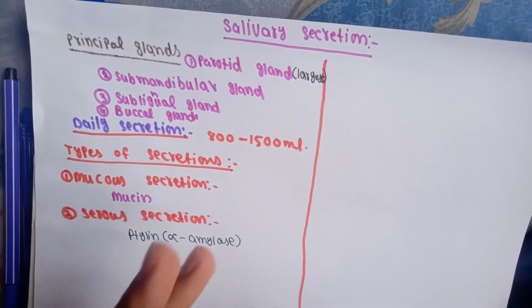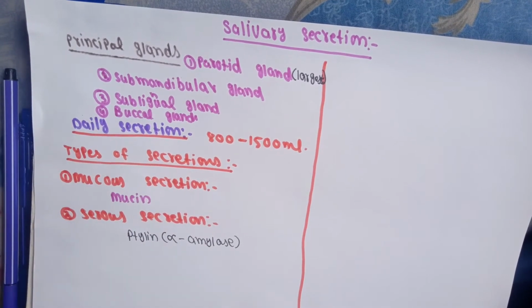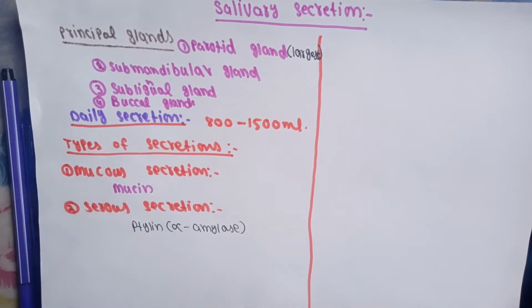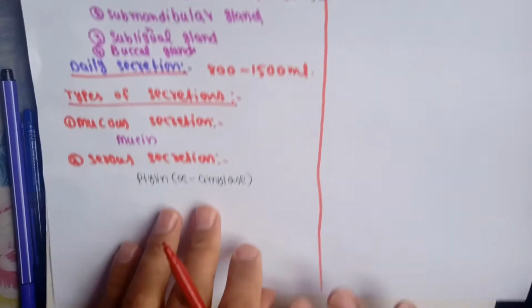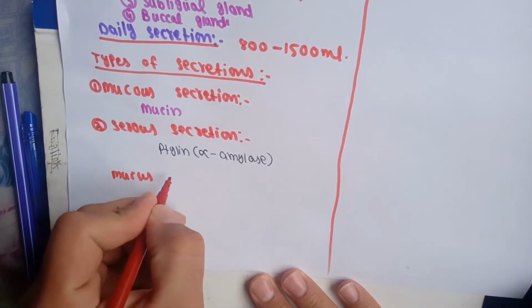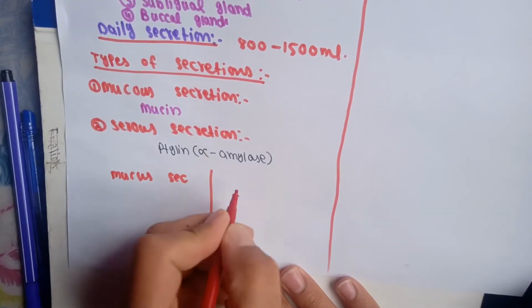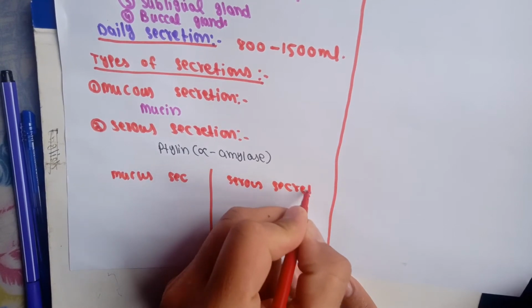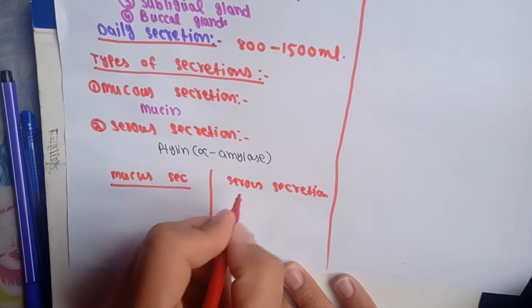Now, as we discussed, there are 4 types of salivary glands. What type of gland has what type of secretion? So here I am writing mucus secretion and serous secretion.